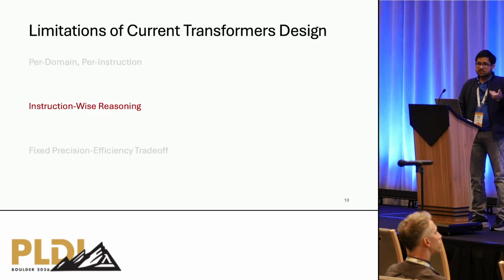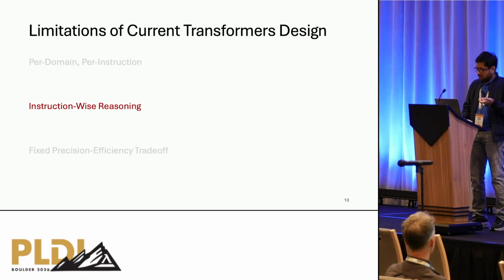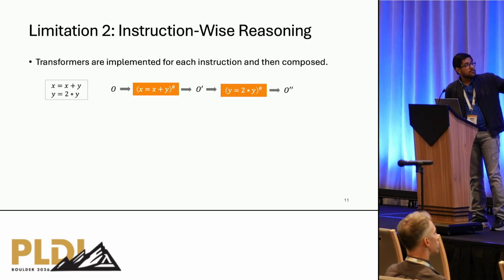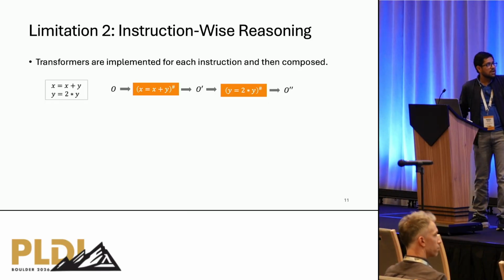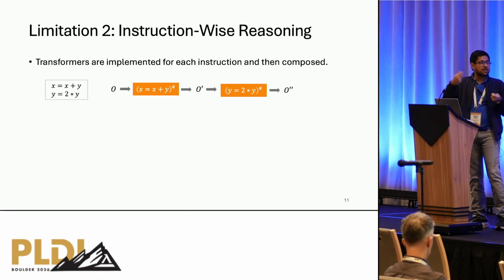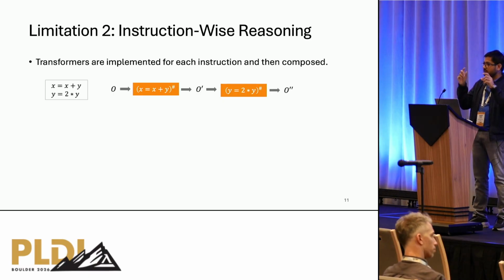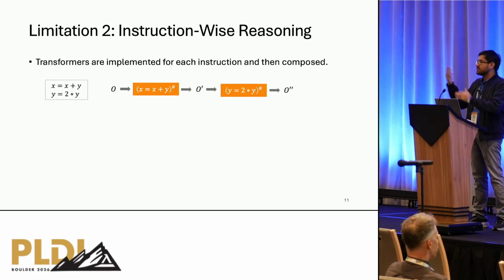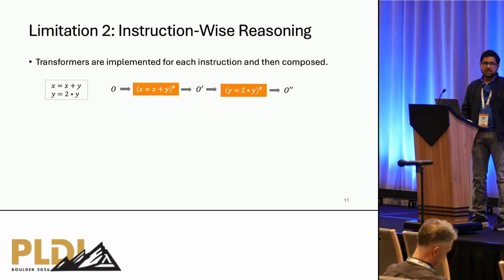Furthermore, the current transformers are instruction specific. What do I mean by that? If you see this two-line program, currently the transformers for the instructions are implemented separately, and then while doing abstract interpretation, the results are composed.